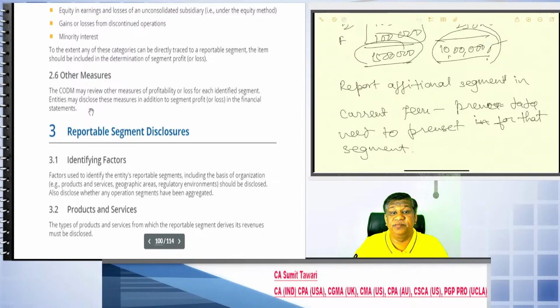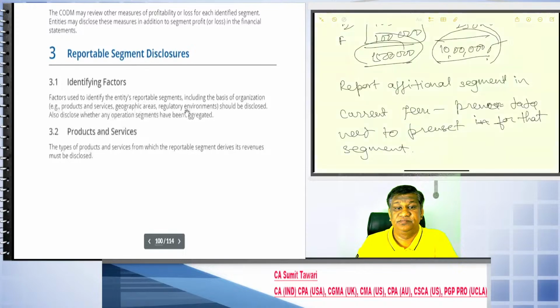Other measure: the CODM may review other measures of profitability or loss for each identifiable segment. Entities may disclose this measure in addition to the segment profit and loss in the financial statement. And then the disclosure.